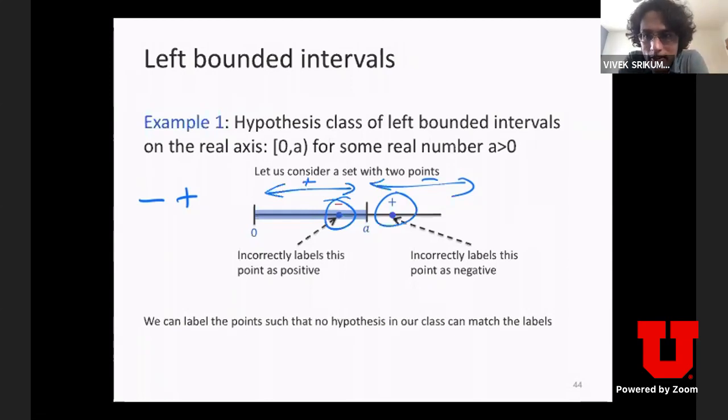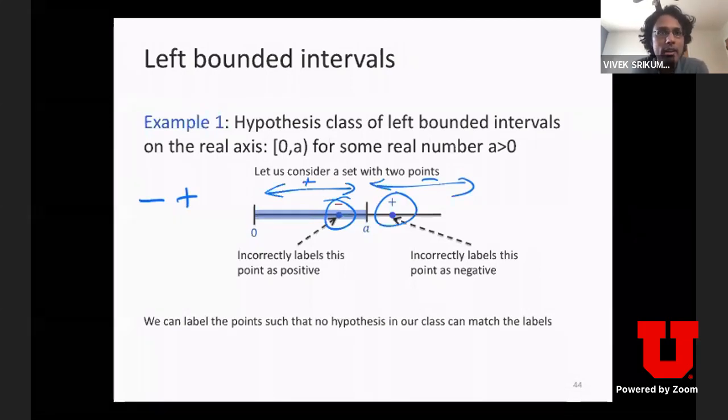So shattering sounds like a verb, but in practice it looks more like a property of the relationship. It is actually a property. It's also convenient to call it a verb because I can say this set of points is shattered by the set of functions. But you can also think of it as a property: given a set of points and a set of functions, does this property hold? What property?